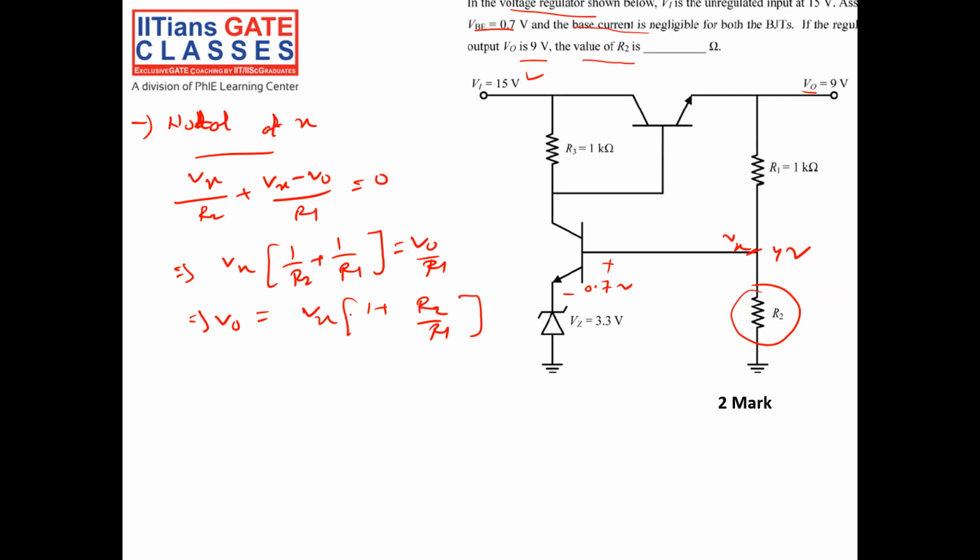So I have to calculate the value of R2 that will make my output 9 volt. This implies V0 is 9 volt is equal to 4 volt into (1 plus R2 divided by 1k), right? So 9 by 4 is how much? 9 divided by 4 is 2.25. 9 by 4 is equal to 1 plus R2 by 1k.